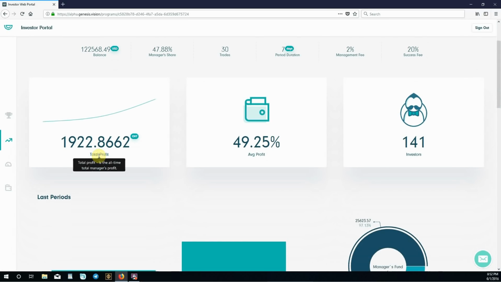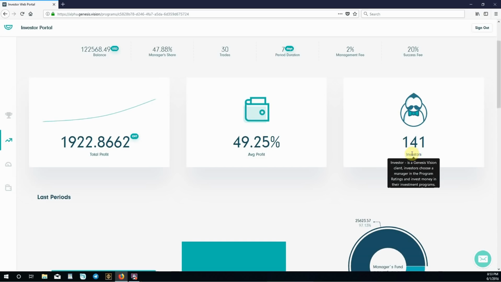Total profit is the all-time total manager's profit: 1,922.8662 Genesis Vision tokens. This is a visual representation of the growth trend of the profit. Average profit is the average profit for the period in relation to the starting balance, which here is 49.25%.